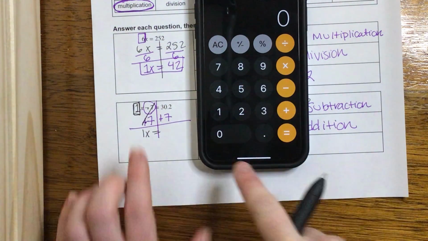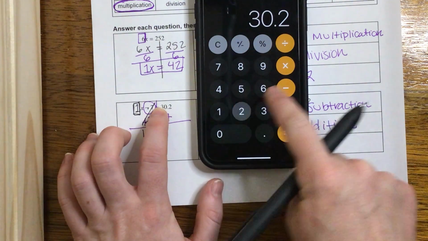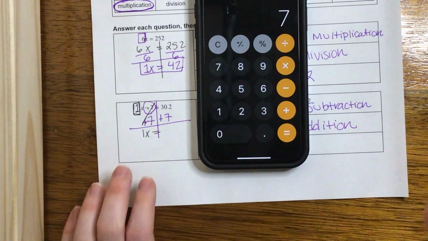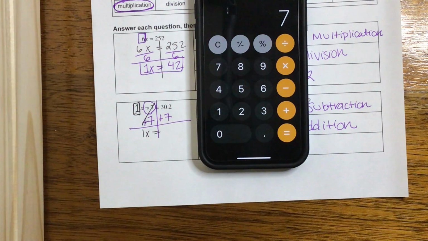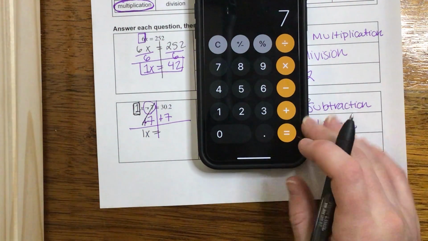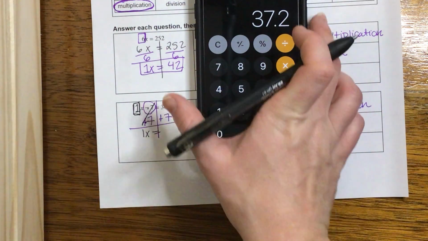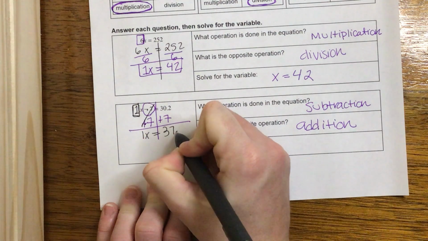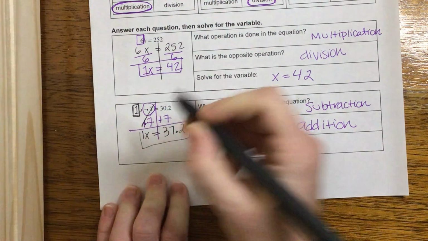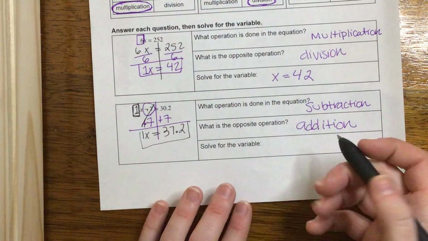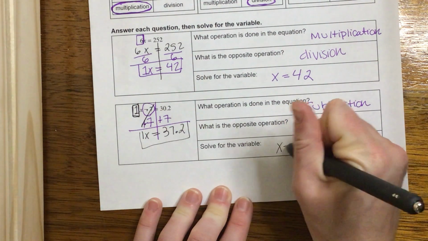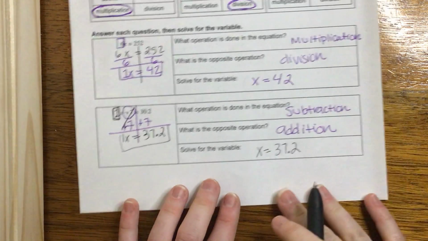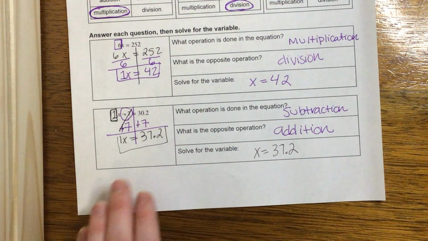And then we're going to do 30.2 plus 7. And make sure that you're writing that plus. We have to know what's happening with that 7. I can't just write it. It's 37.2. I got the variable by itself, so that's my answer. So x equals 37.2.